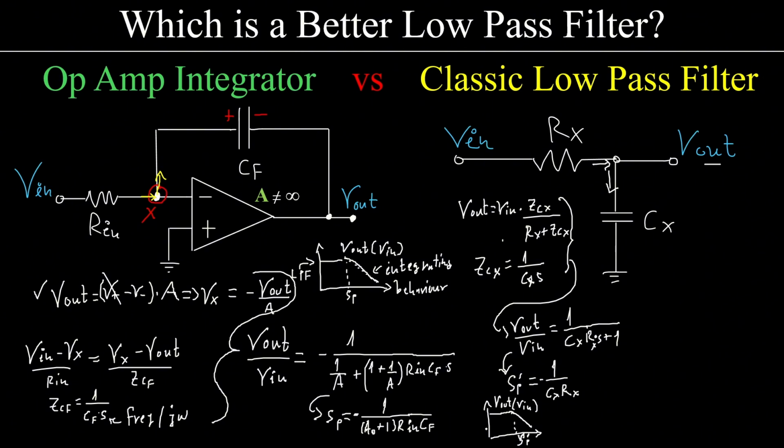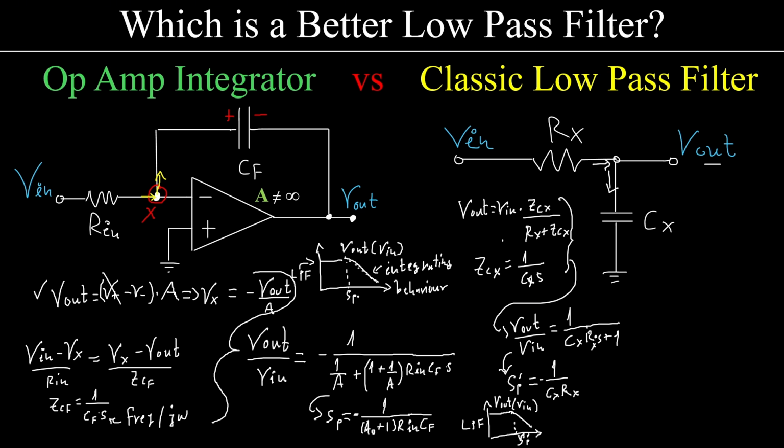So this again works as a low-pass filter, the classic. This height will be less than this height. Because this is an op-amp integrator, because it works as an amplifier, if you do the math, the height will be higher. But this is not the point. The point is why this is a better filter.